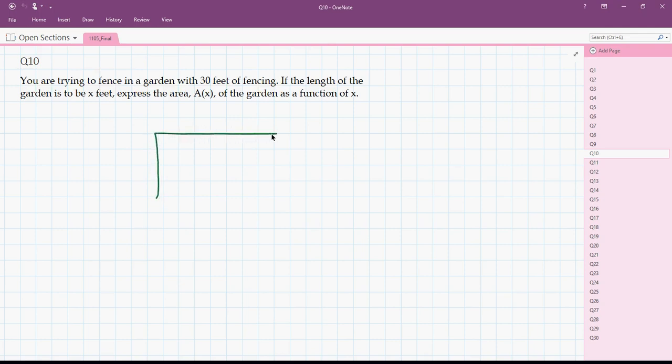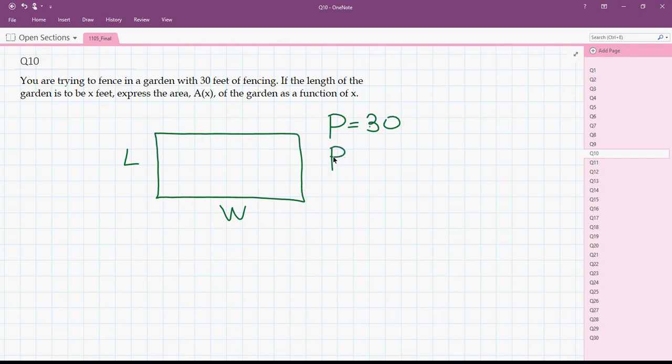Even though it doesn't say this is a rectangle, we're going to assume it is a rectangle. So we have a length and a width. And functionally, we're told that there's 30 feet of fencing. So that would be equal to the perimeter, because we're going to go around and have 30 feet of fencing.